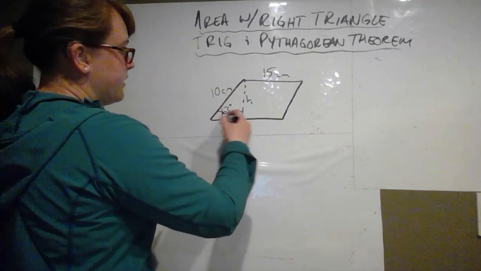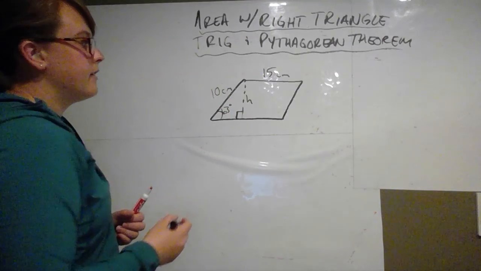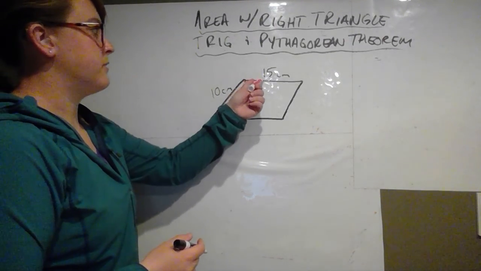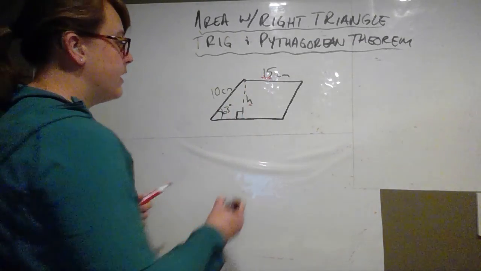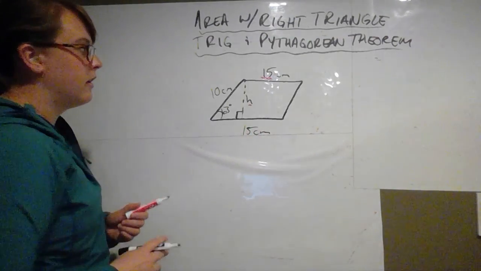So you would have to use this right triangle here and you'd have to use sine to solve for your height, and then your base would be 15 centimeters because sides that are across from each other are congruent. So this side down here would also be 15 centimeters, so that would be your base.